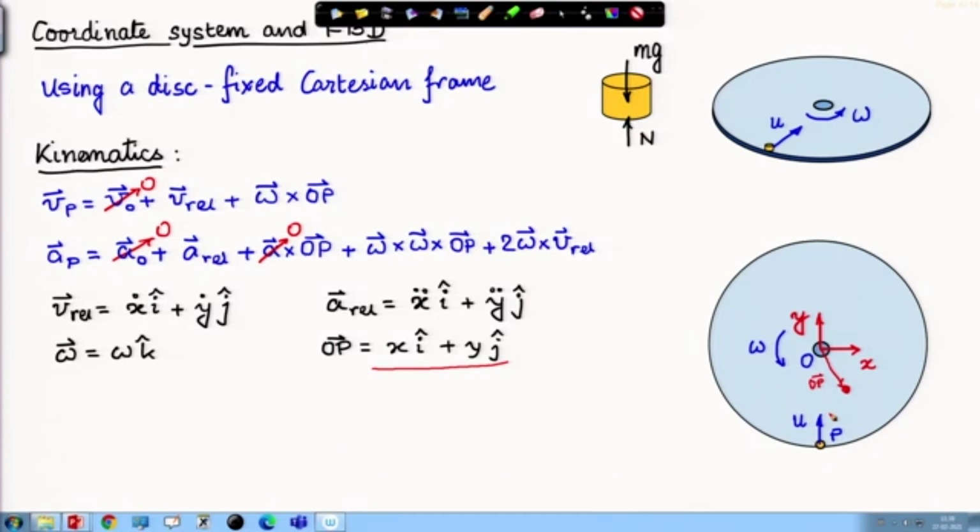V rel, this is as measured by the observer. This is not the absolute velocity of the particle, remember, it is the velocity as measured by the observer in the rotating frame, that is x dot i cap plus y dot j cap. A rel similarly is x double dot i cap plus y double dot j cap, and omega vector represented in this xyz coordinate system is omega k cap.